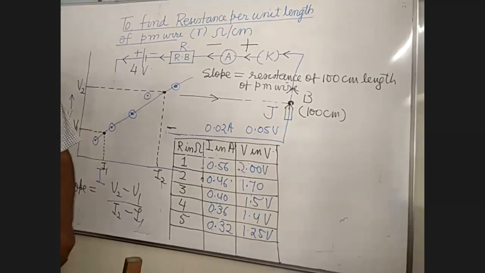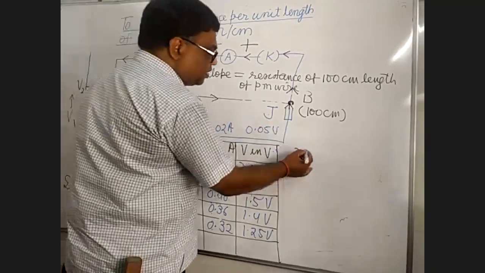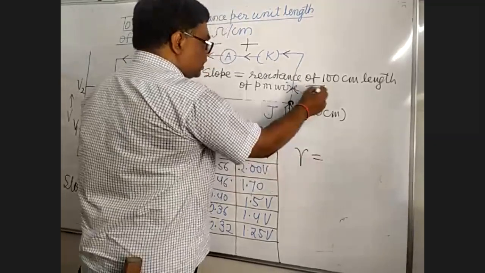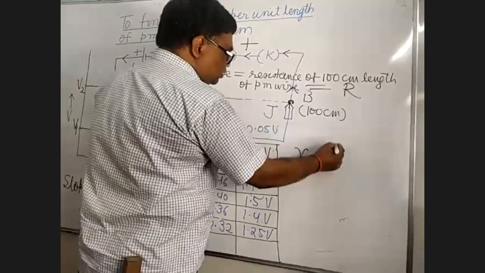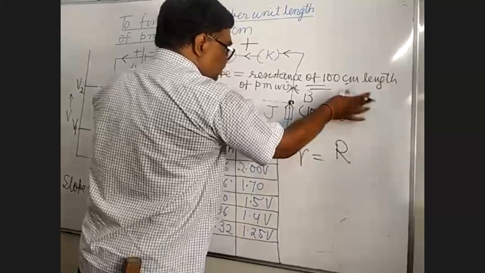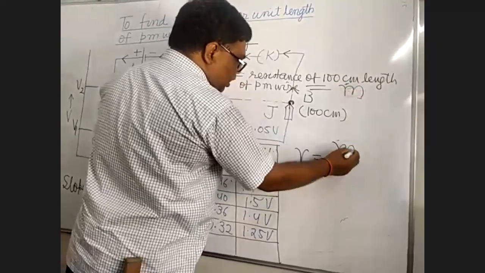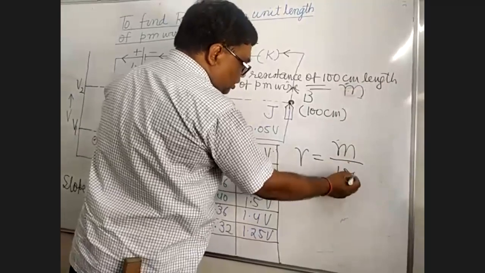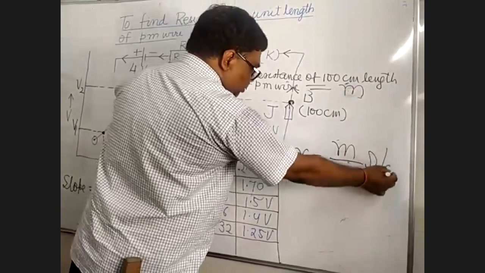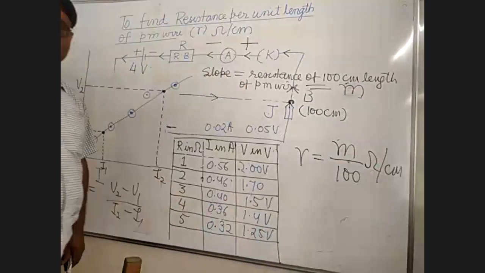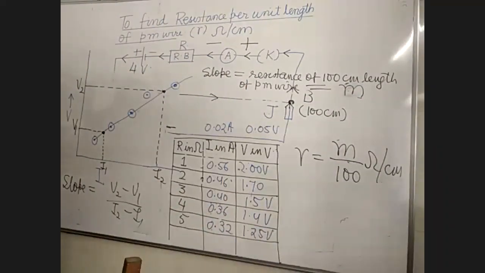Therefore, what will be the resistance per unit length? Suppose the resistance that comes is capital R and take the slope as small m. It will be equal to small m upon 100 ohm per centimeter. So the observations I have given, you will complete and write in your practical notebook. Is it clear?